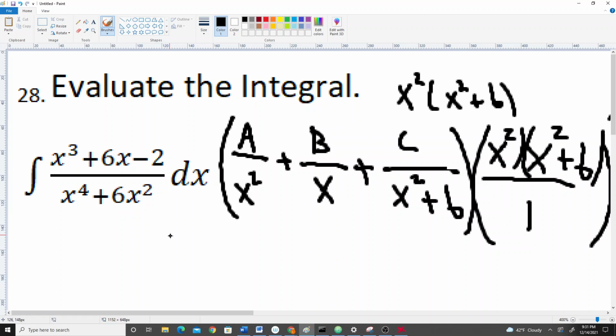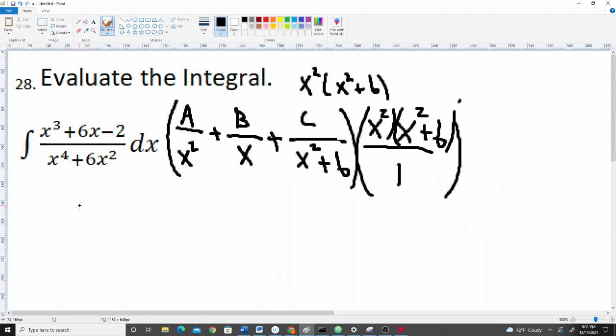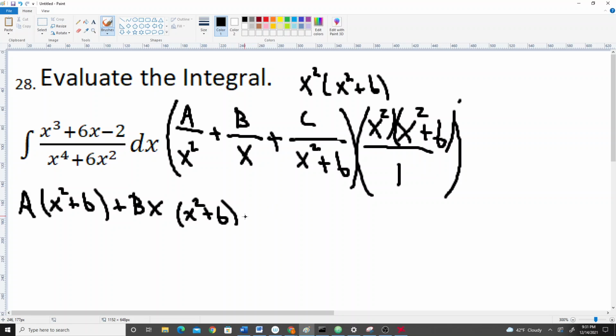So when we carry that out, we're going to have a times x squared plus 6, plus b x squared plus 6, and then c, multiply that by x squared, and that's equal to x cubed plus 6x minus 2.